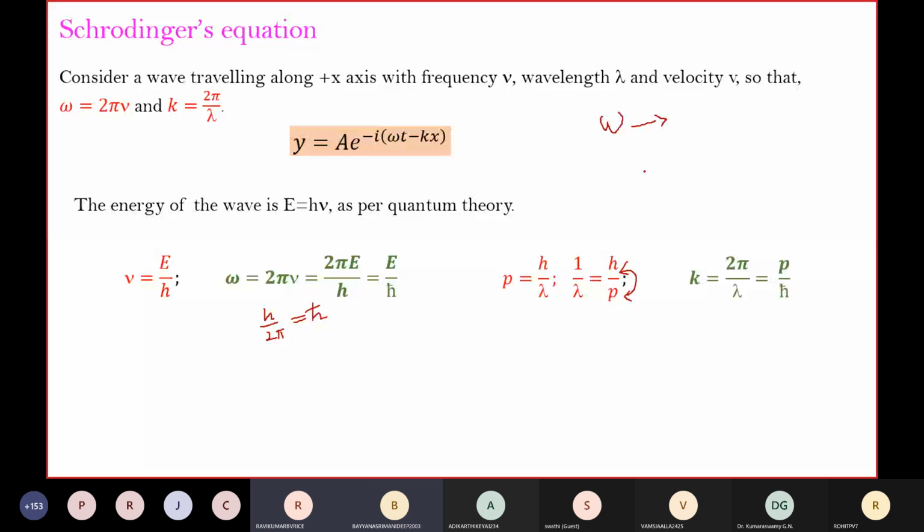No, you have to interchange this. 1 by lambda is equal to p by h.